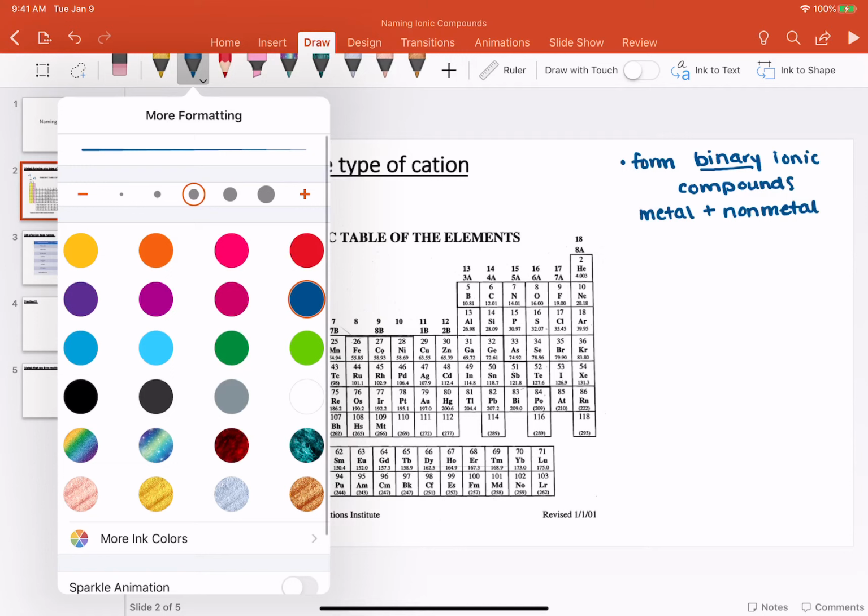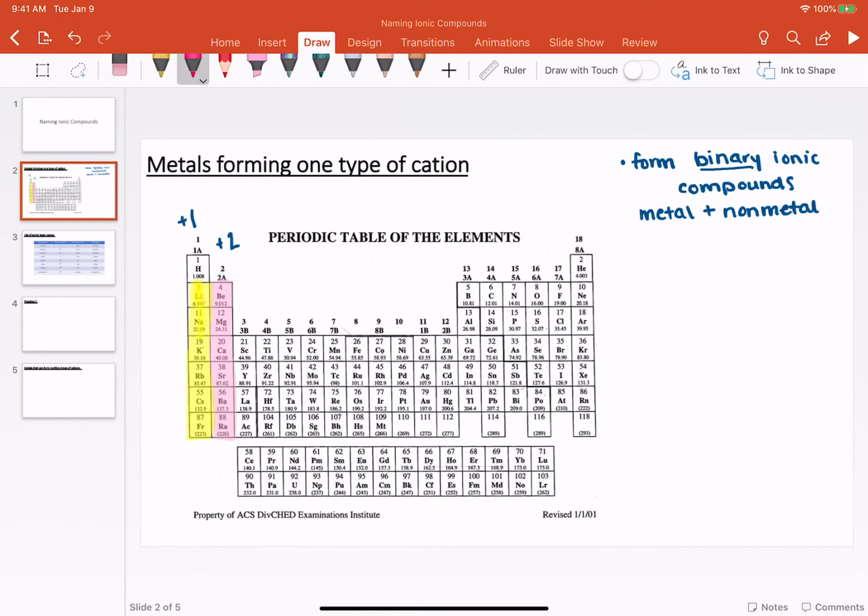So these are the rules for naming binary compounds. We're going to start with the name of the metal, which is our cation. And then we're going to use the base name of the nonmetal, which is our anion.